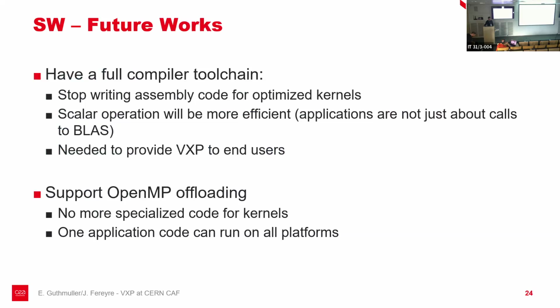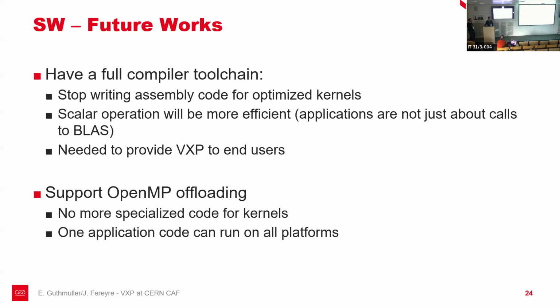What we want to do for future work is to have a full compiler tool chain to avoid having to write assembly code or optimize kernels by hand. It allows us to have more efficient scalar operations, avoiding register configuration each time we have to do an operation.